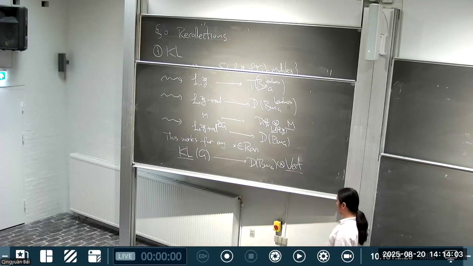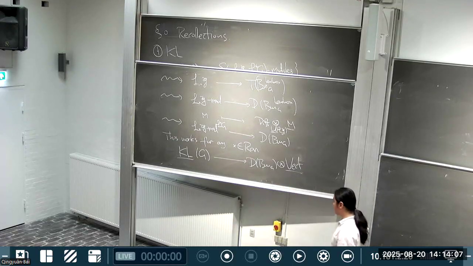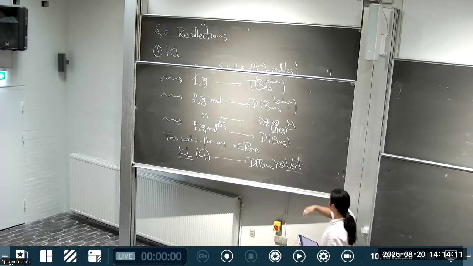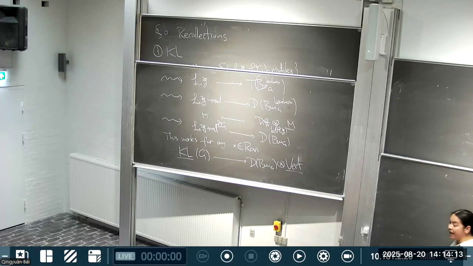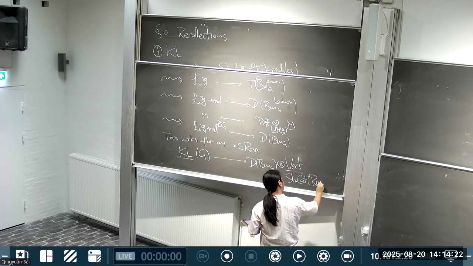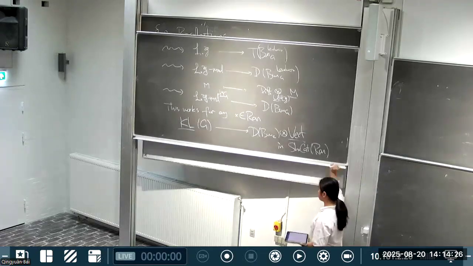Let me say a little word about this notation. First, whenever I use this underline, I mean it's a sheaf of categories over Ran or something similar to Ran. In other words, this is something happening in the sheaf theory of Ran. You can also call it crystals of categories, because Ran is still Ran.